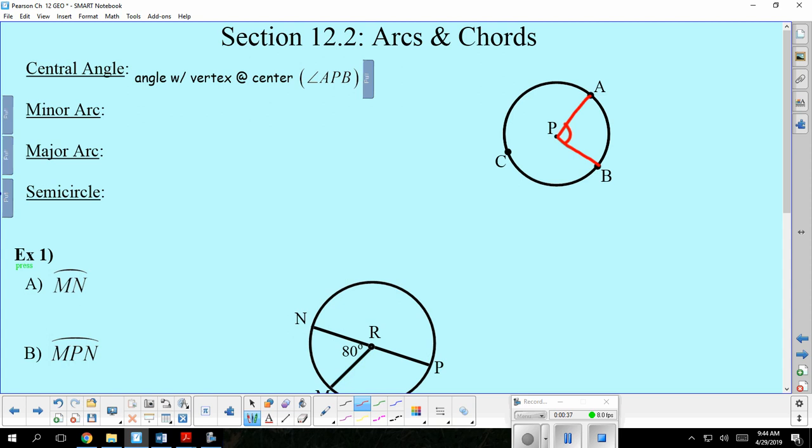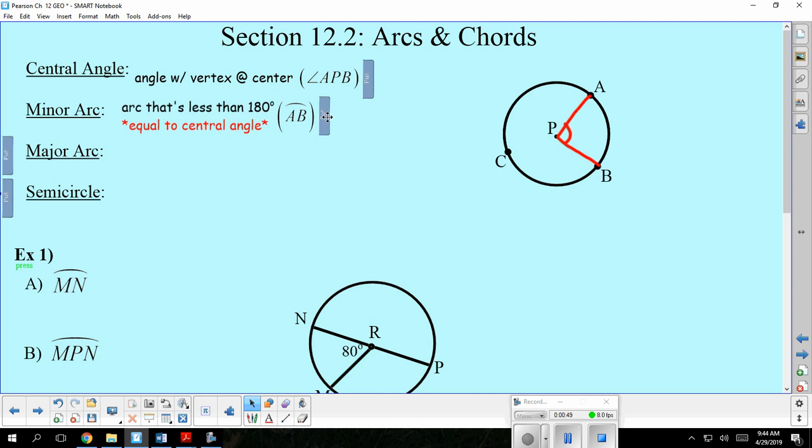And some of this stuff should be familiar from when we looked at chapter 10 with those arc measurements. So a minor arc is an arc that's less than 180 degrees. It's equal to the central angle. And we use two letters for minor arc.